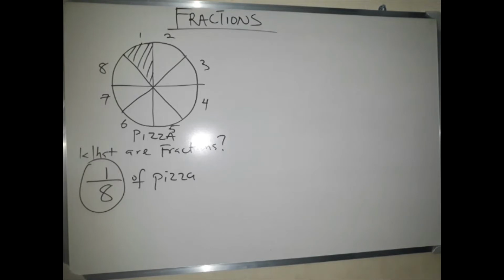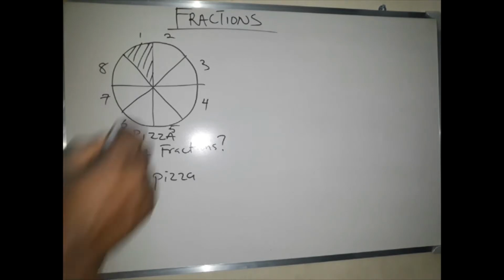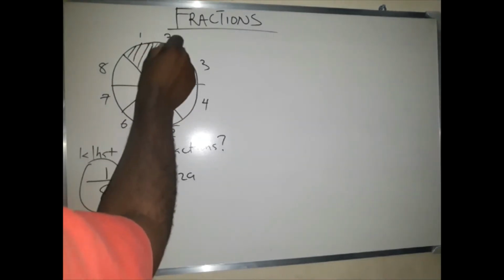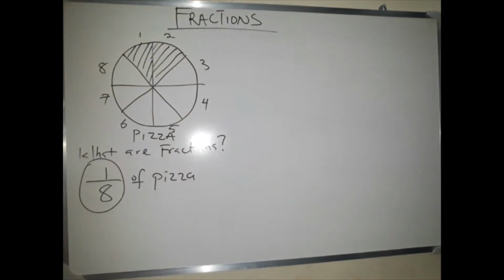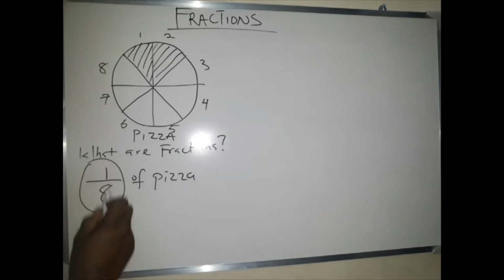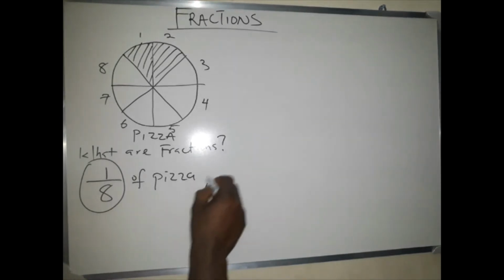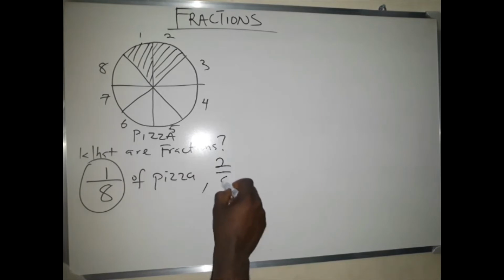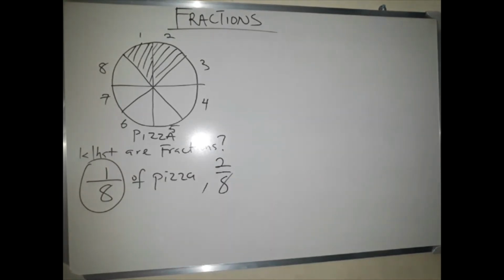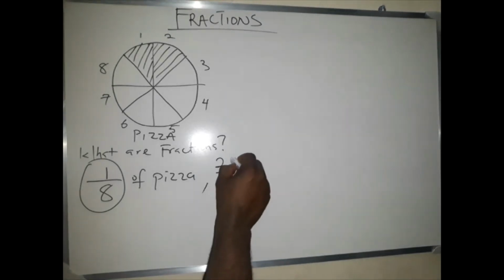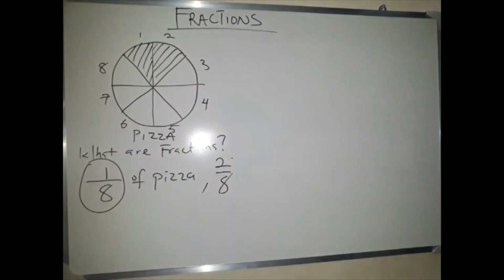Now, if you were to take 2 slices, I shade 2. If you were taking 2 slices out of the pizza, then the expression here would change from 1/8 to 2/8, which is just indicating that you have taken 2 out of the 8 parts of the pizza.